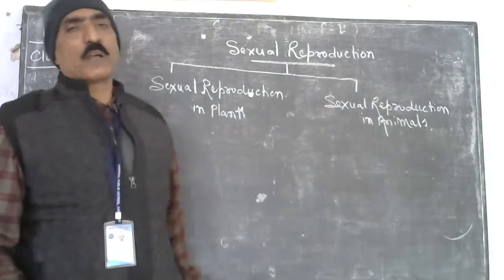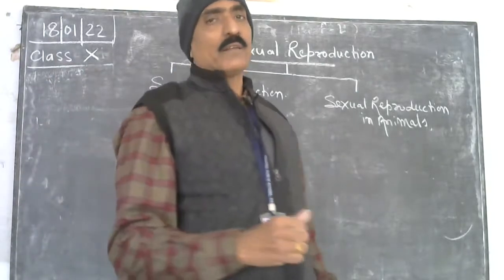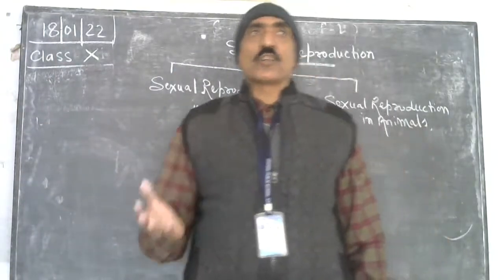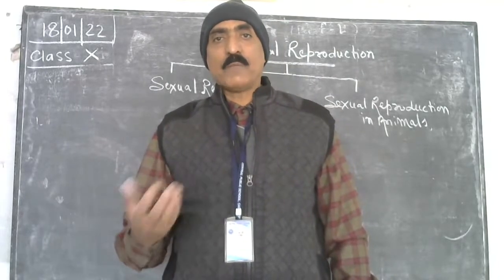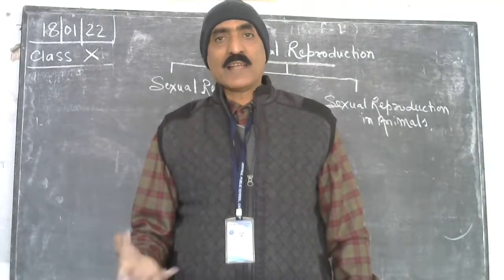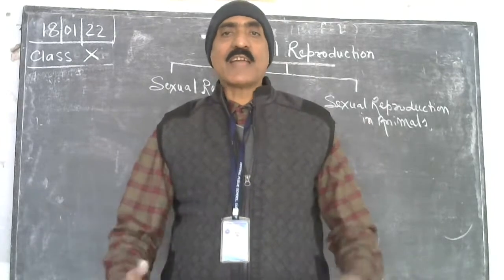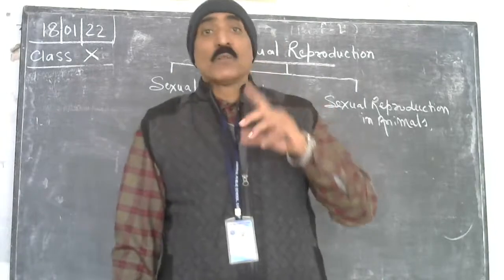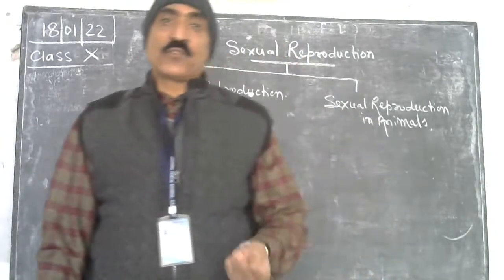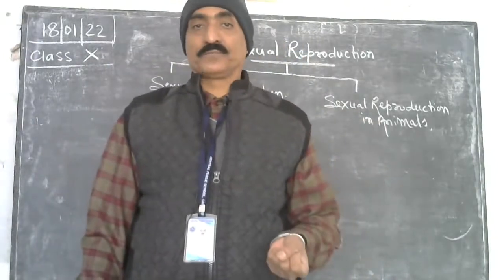So firstly about the plants. Children, plants also reproduce sexually, and for that they produce gametes, and such gametes fertilize together and form the fruits, and in fruits seed appears.